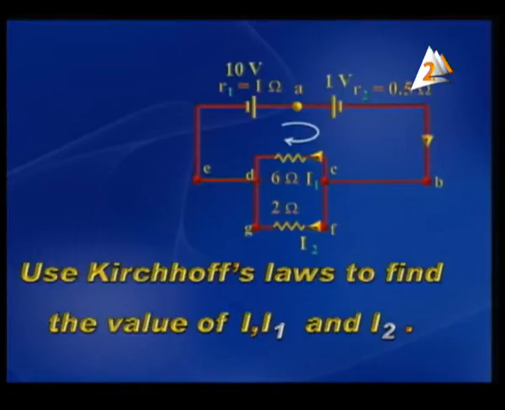It contains two cells: a 10-volt cell of internal resistance R1, which is equal to 1 ohm, and a 1 volt cell of internal resistance 0.5 ohm. And we've got two resistors, 6 and 2. This is a very simple one, and it can be solved by using Ohm's law, as long as the two cells are connected in series. But we'll use Kirchhoff also.